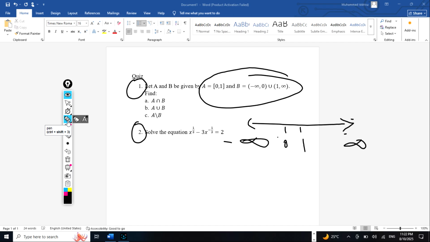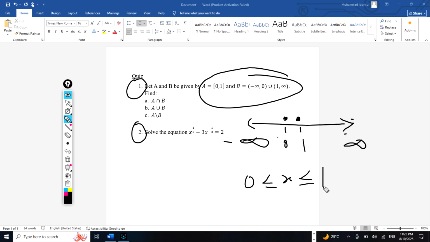So A is from 0 to 1. If you check my previous videos, maybe I'll leave the links so that you understand the interval notation very well. So 0 to 1, that means it includes what? It includes 0 and 1. It's just like saying 0 less than or equal to some variable x less than or equal to 1.